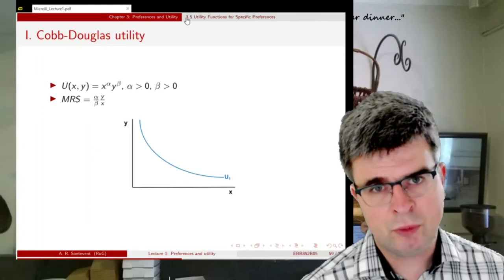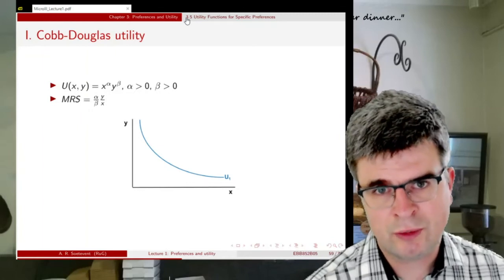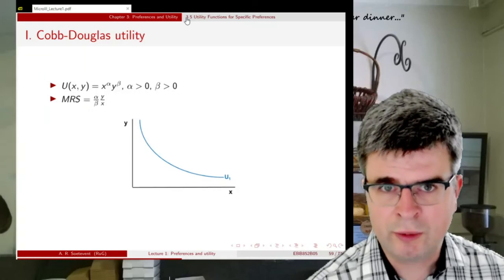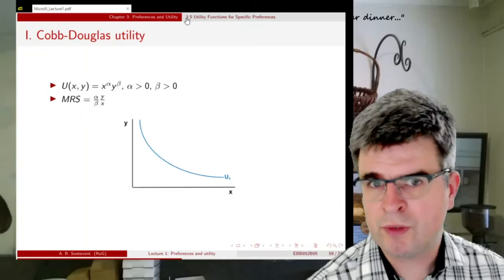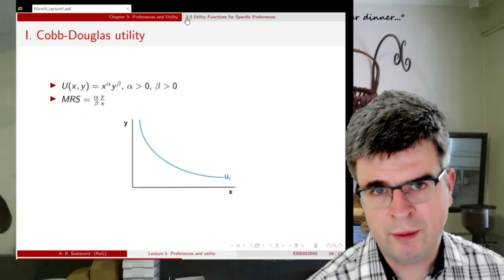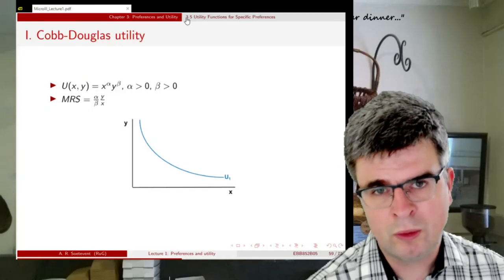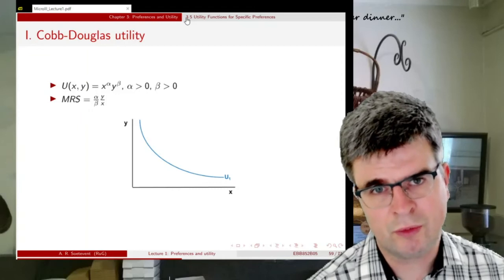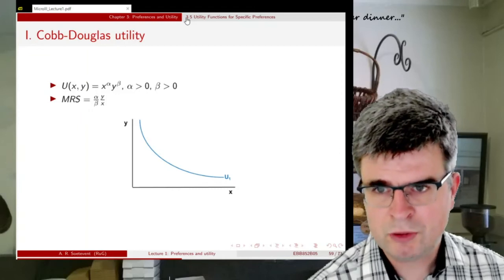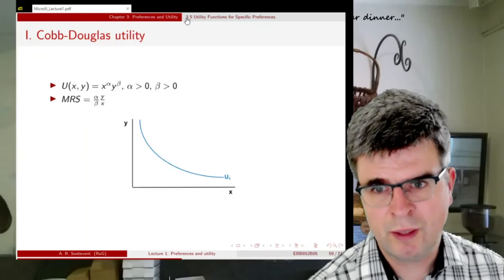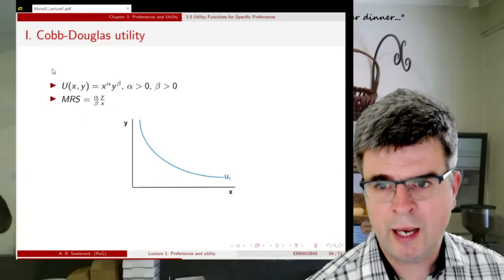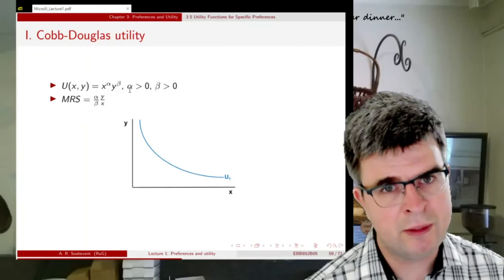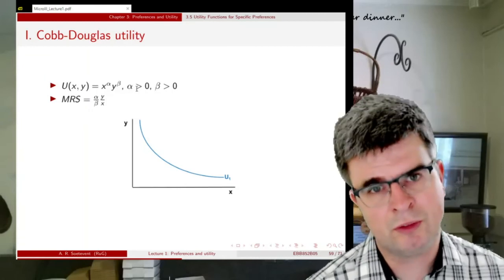Finally, I'm going to show you three utility functions that are related and that have a prominent role in this course because, one, they are fairly easy to work with, and second, together they represent more or less all relations between goods that are useful to consider. We start out with the Cobb-Douglas utility function, which has as a general form x to the power alpha times y to the power beta, with alpha and beta being just numbers, but they need to be larger than 0.